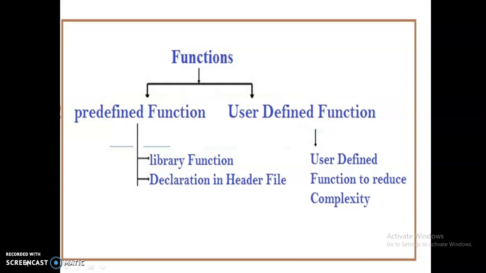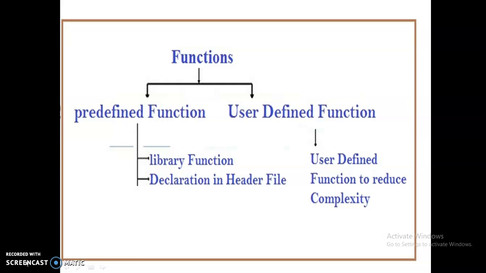These two functions I explained in my last classes. In most of my programs, we used these two library functions only, scanf and printf. For these two functions, the user doesn't write any code. The user just includes the header file stdio.h for scanf and printf to be used in their programs.